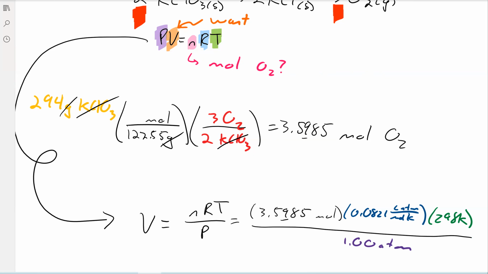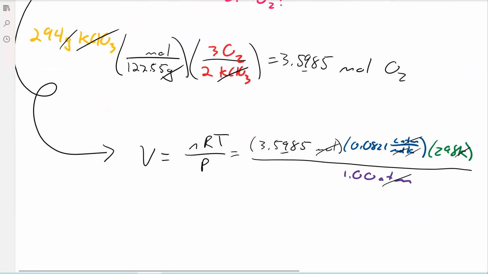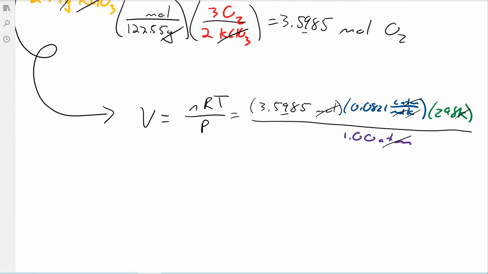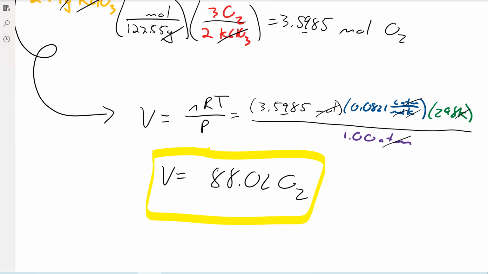It's not really going to do anything there, but we will cancel out the units, moles with moles, atmospheres with atmospheres, Kelvin with Kelvin, and you'll see that we're left with liters. Go ahead and plug and chug through there, and you'll get 88.0 liters of oxygen gas as our final answer.